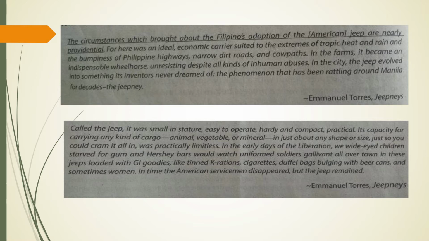As you can see, the details in the paragraph expound the circumstances surrounding the Filipinos' adoption of the American Jeep. The topic sentence can be found anywhere in the paragraph, in the beginning, at the end, or in the middle.